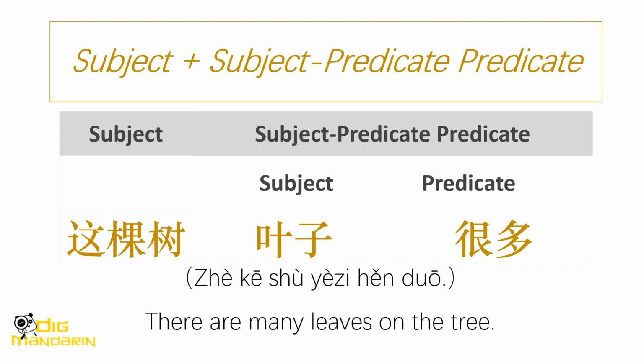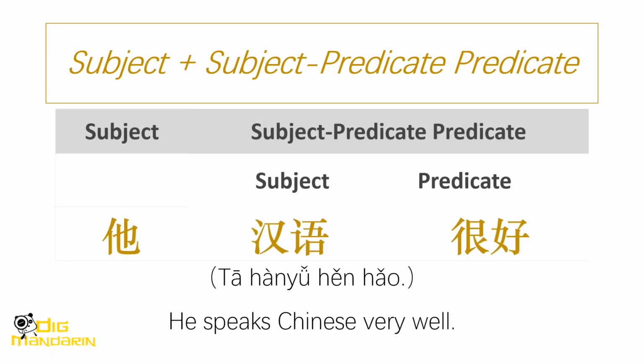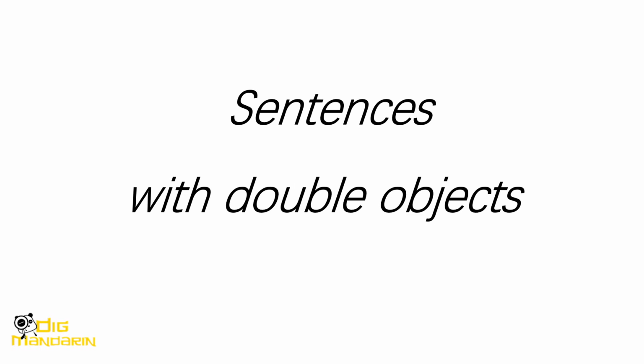Example 3. 他汉语很好。He speaks Chinese very well. That's all examples on the subject, predicate sentences.